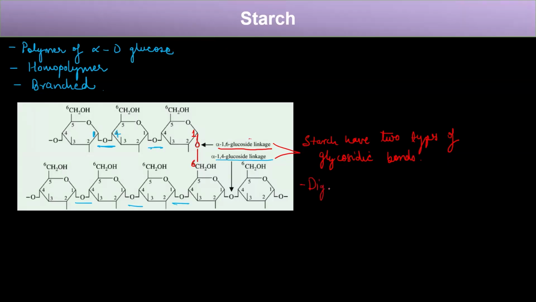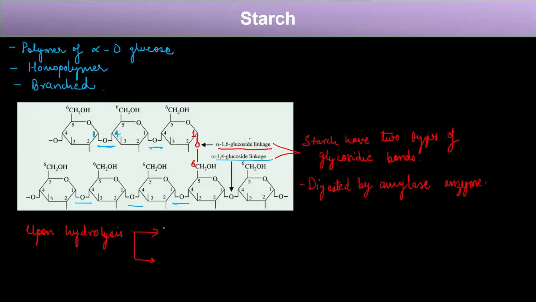Secondly, starch is digested by the enzyme known as amylase. Now, what will we find upon hydrolysis of starch? It depends on what kind of bond is breaking.